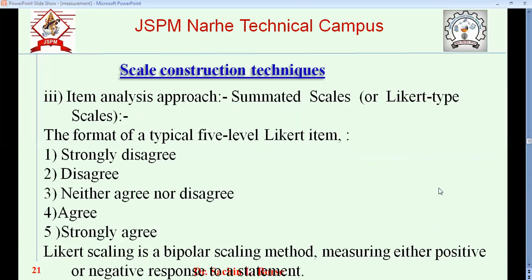There are different levels of the Likert scale. This example is the 5 level, which is generally used: strongly disagree, disagree, neither agree nor disagree, agree, strongly agree. The Likert scale is a bipolar scaling method measuring either positive or negative response.